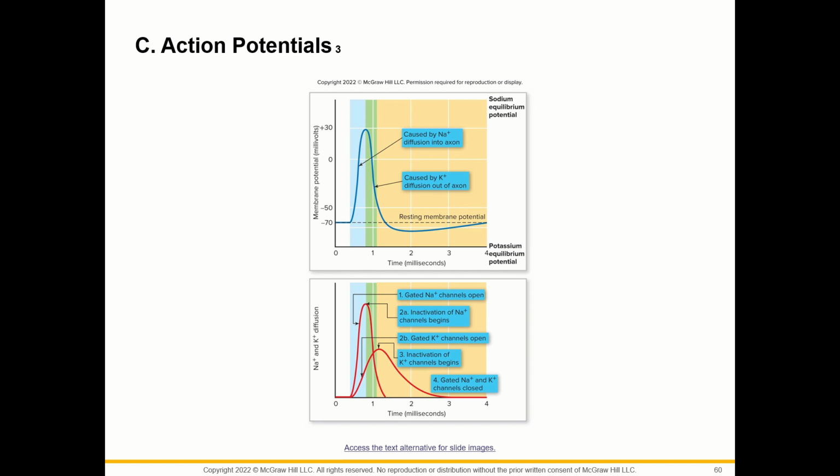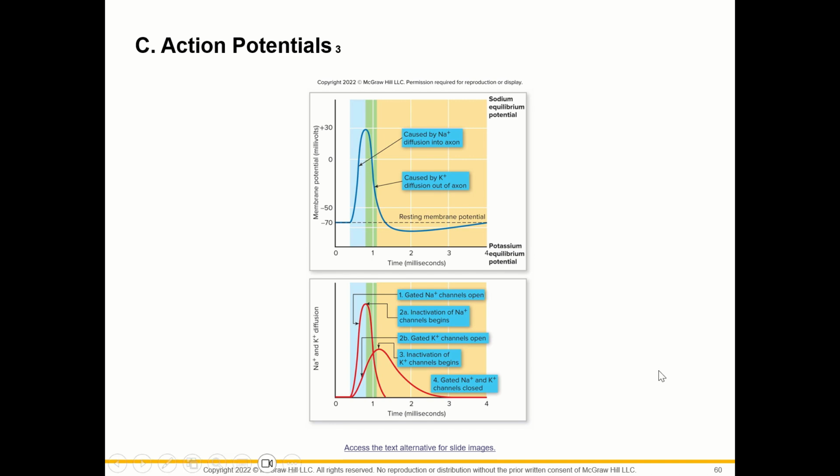This is figure 7.14. The membrane potential changes and ion movements during the action potential. Oh yeah, this is cool. All right, so the top graph depicts an action potential, the blue line. The bottom graph, red lines, are going to depict the net diffusion of sodium and potassium during the action potential.